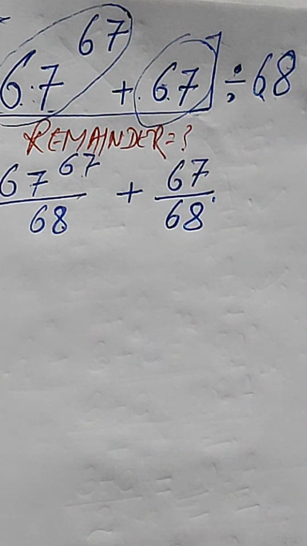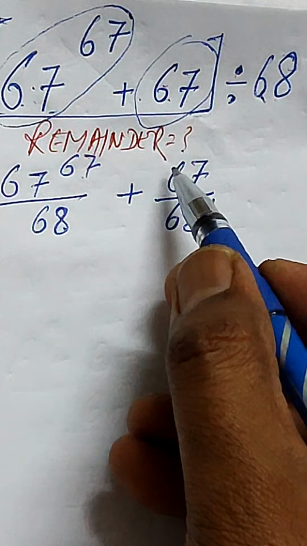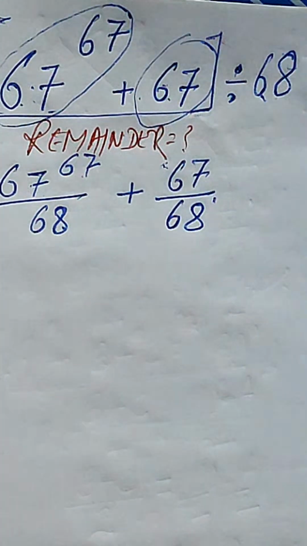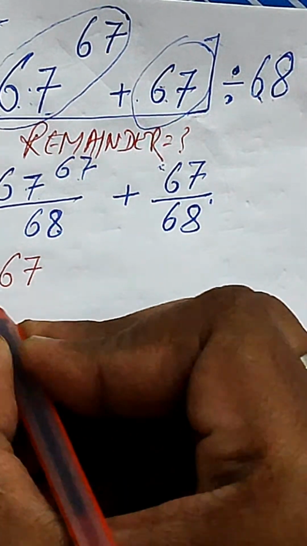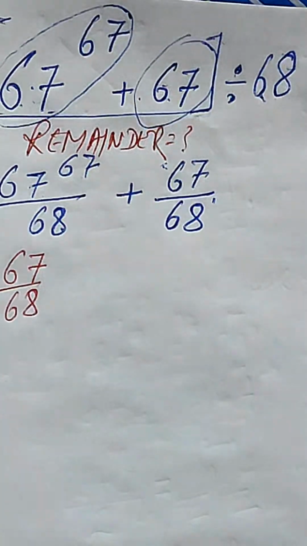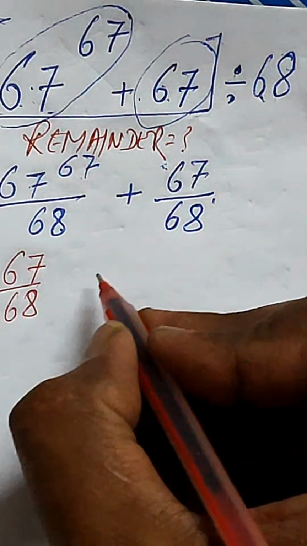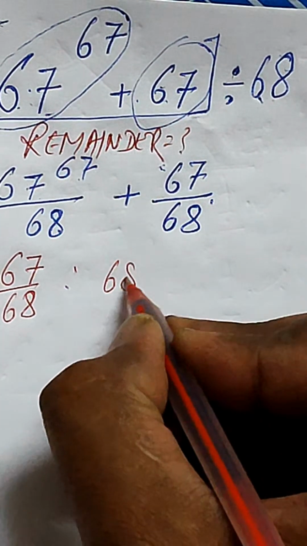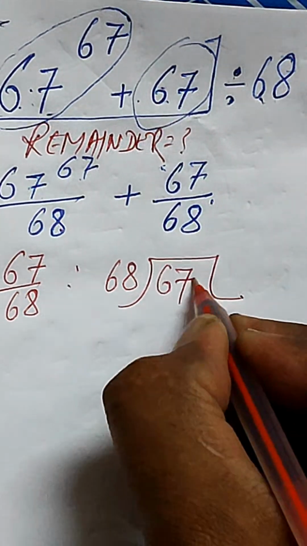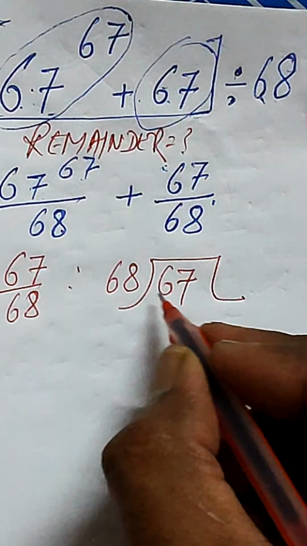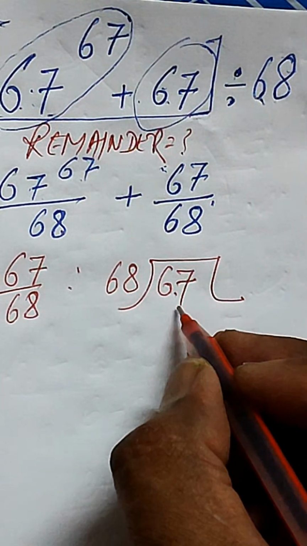Now we are going to find the remainder. So here we are going to take the individual number 67 by 68, right? When you are dividing 67 by 68, it would not be completely divisible.